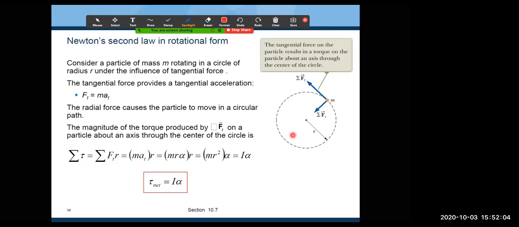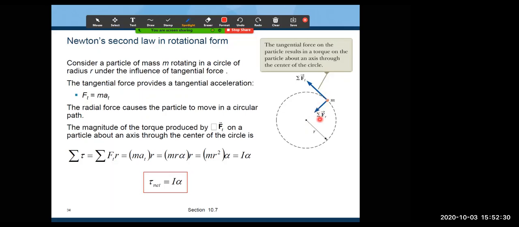But this centripetal force would not contribute to the torque because it points towards the axis of rotation. So r times F times sine phi would be equal to 0, because the force is parallel or anti-parallel to the distance. Phi is equal to 180 degrees.